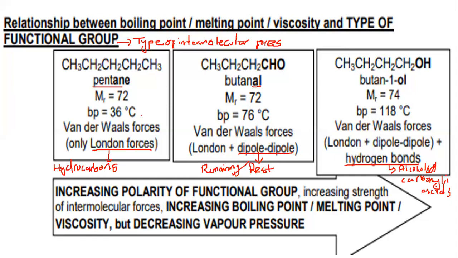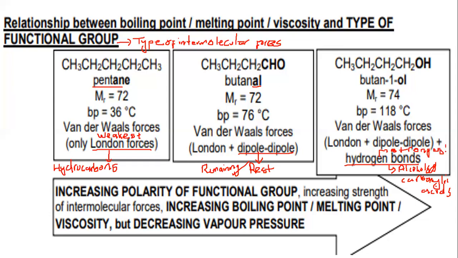Now, when we talk about London forces, you need to take note that they are the weakest of all intermolecular forces. When we talk about hydrogen bonds, you must know that they are the strongest of all intermolecular forces.